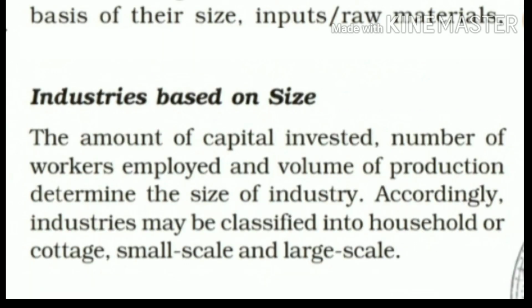Industries based on size. The amount of capital invested, number of workers employed, and the volume of production determine the size of industries. So, accordingly, industries may be classified into household or cottage, small-scale, and large-scale industries.